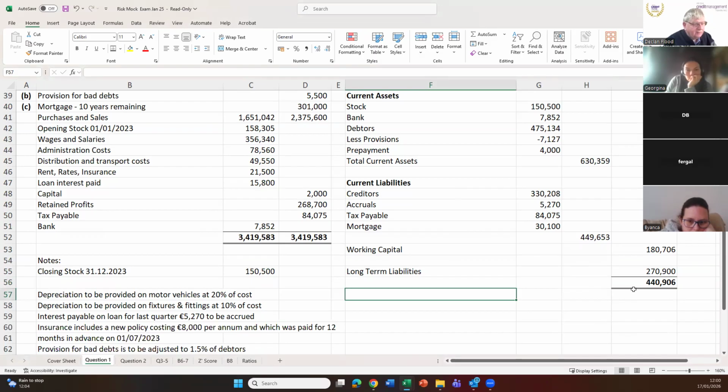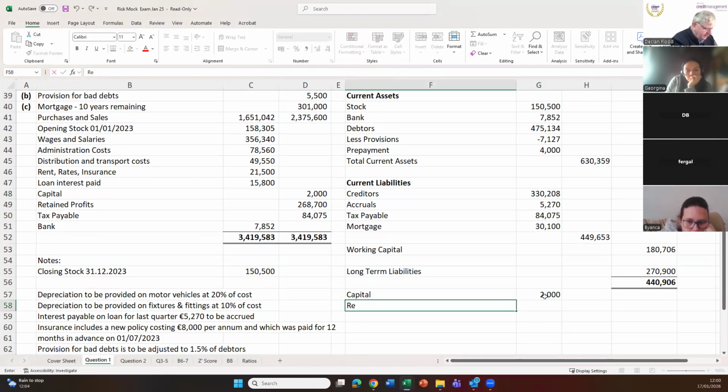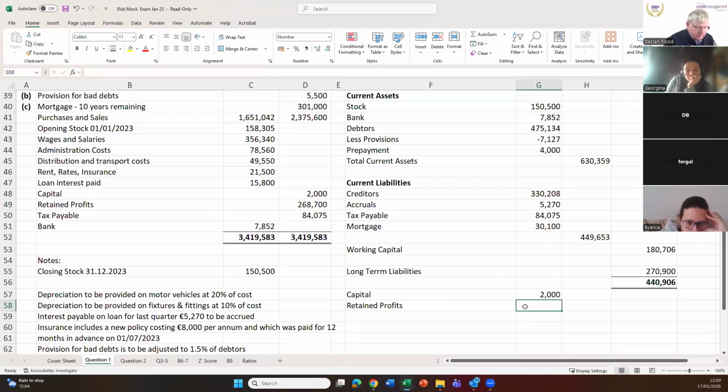So let's see how we're doing here. So where did that 440906 come from? It came from capital, and my capital is 2000 grand. It comes from retained profits, and there's my retained profits, 268,700.